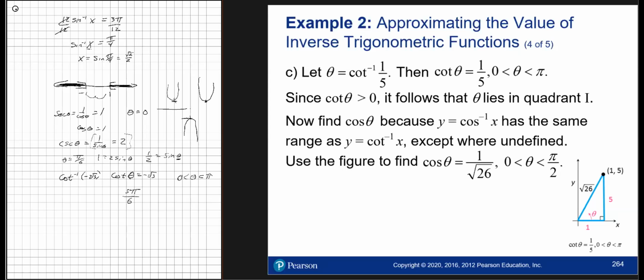So the cotangent of 1/5. So this angle here gives us both 1/5 and 1 over square root of 26. So when you take the inverse of that cosine and that tangent, you get the same angle.